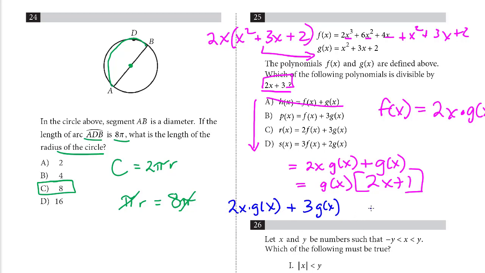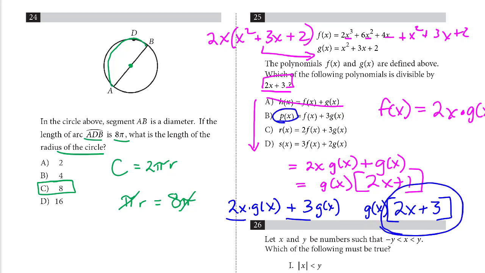That gives me g of x times what's left in the parentheses, which is 2x plus 3, which means that is p of x. P of x will be divisible by 2x plus 3. The correct answer for 25 is B. This is a really interesting problem on functions of functions.